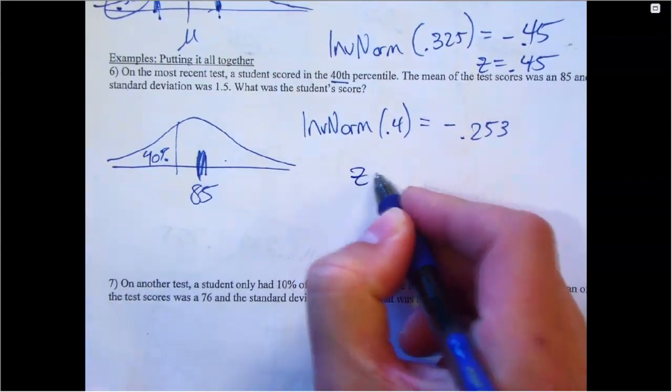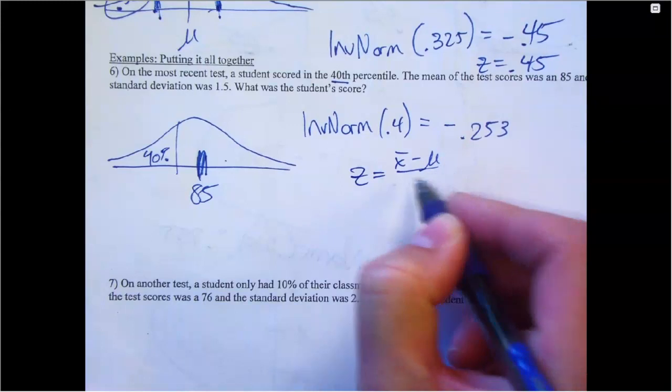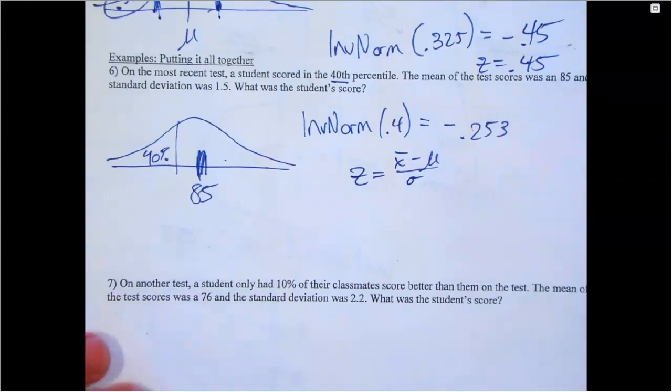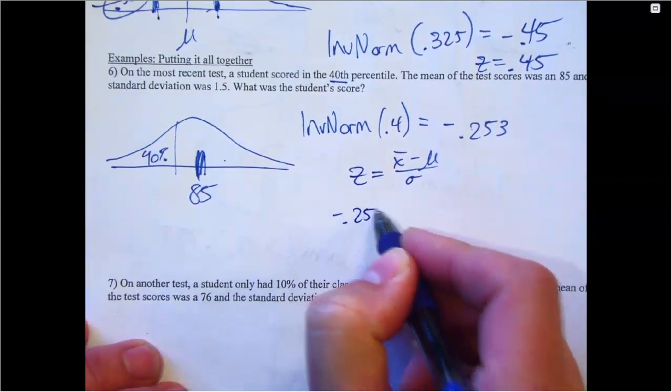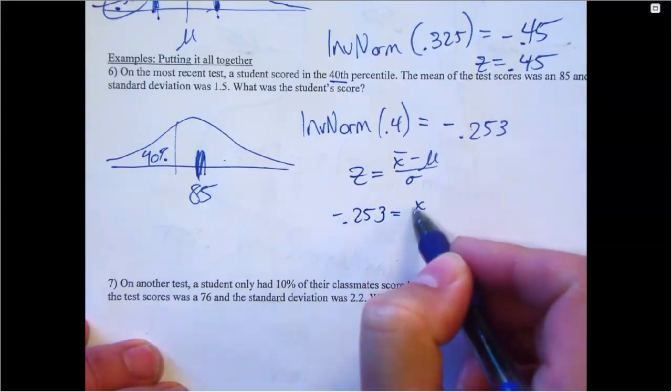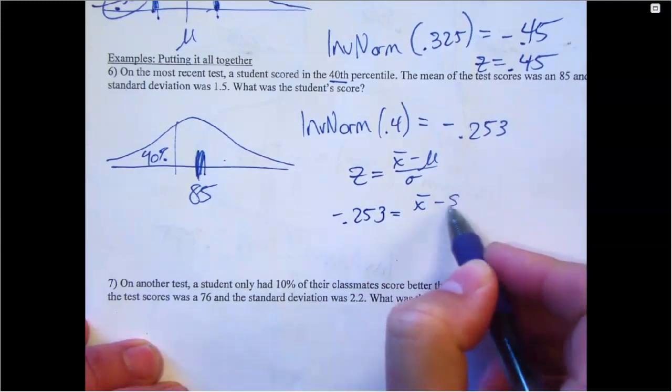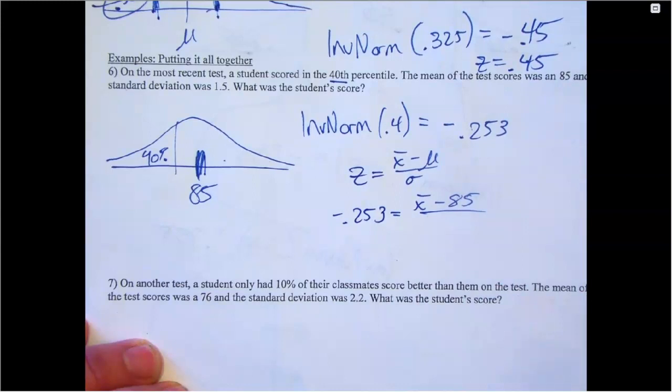Then I use the z-score formula and some algebra to solve it. I know my z is negative 0.253, x bar is what I'm trying to find, the mean is 85, and the standard deviation is 1.5.